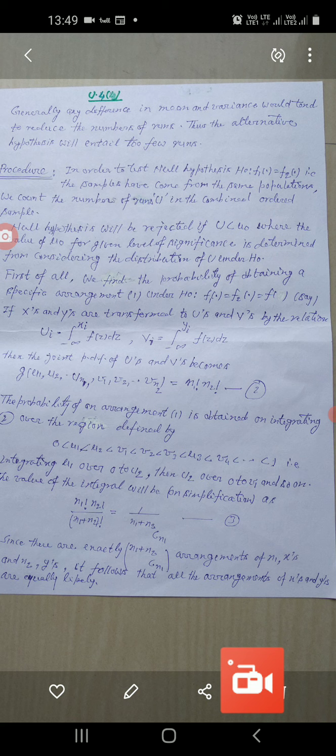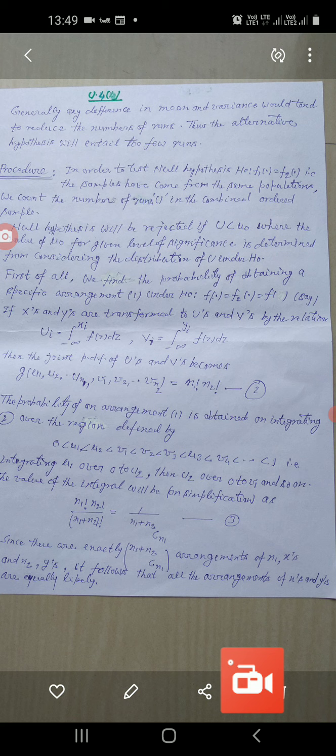Now since there are exactly (n1 plus n2) C n1 arrangements of n1 x's and n2 y's, it follows that all the arrangements of x's and y's are equally likely.